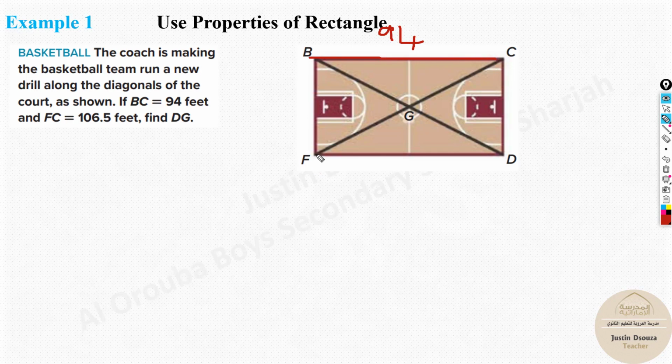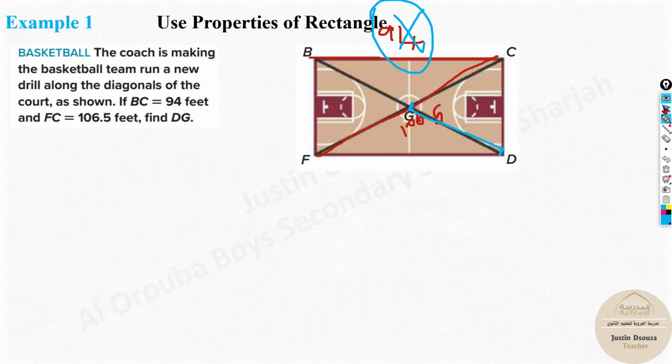FC is given to be 106.5. This one, F and C, is 106.5. Find D and G. I'll draw it in blue, this D and G. Now, this 94 is not at all required. This is just to mislead you. Here you can see DG is required, whereas you know FC.